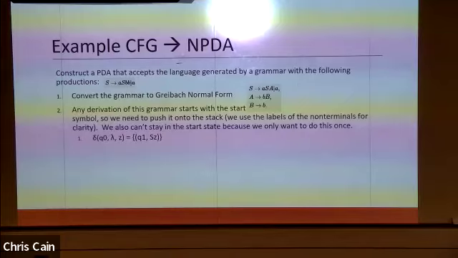So we do not want to loop back to Q0. Q0's only purpose in an NPDA that is generated for a context-free grammar is to add the start non-terminal to the stack, because every string is going to start with that start non-terminal. So every path through this NPDA is going to start with that start non-terminal being evaluated into something. There's an equivalence between those two.